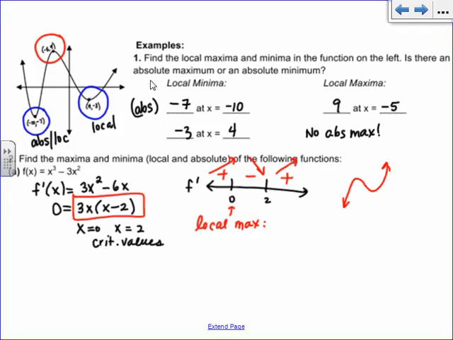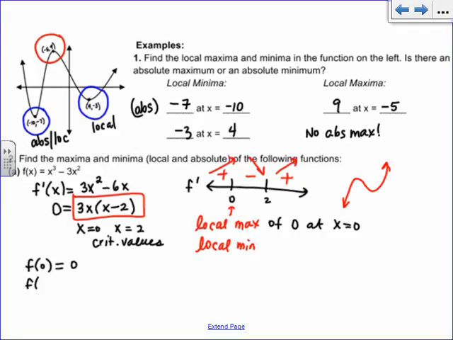So how do I find how high or low it goes? Yeah, plug it into the original. So if I do f of 0, I get 0. So I have a local max of 0 at x equals 0. And then I have a local min of something, so I need to find it.